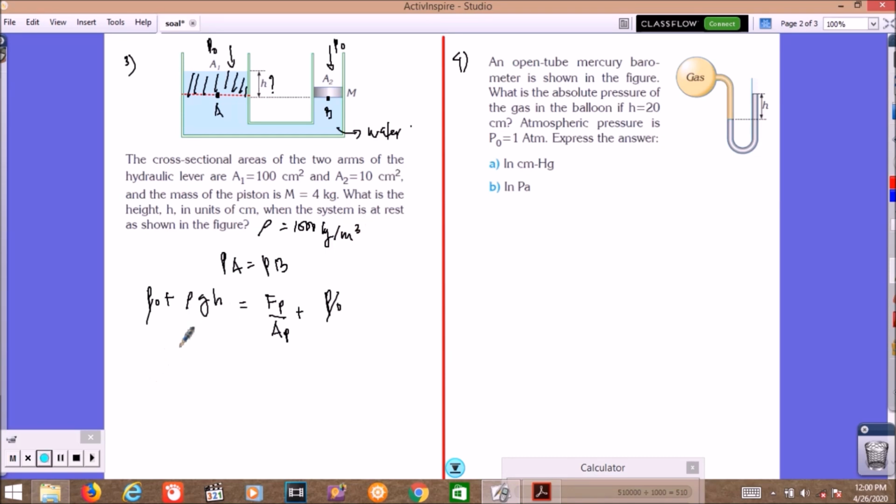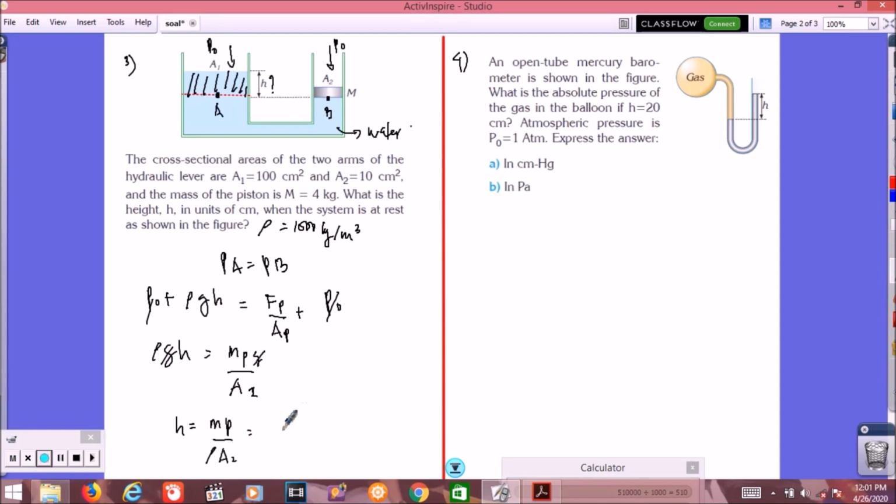Then rho g h equals the force from the piston, replaced by the weight. Weight is the mass of the piston times g, over the area of the piston, which is area 2. We cancel g, and then h equals the mass of the piston divided by rho times area 2.